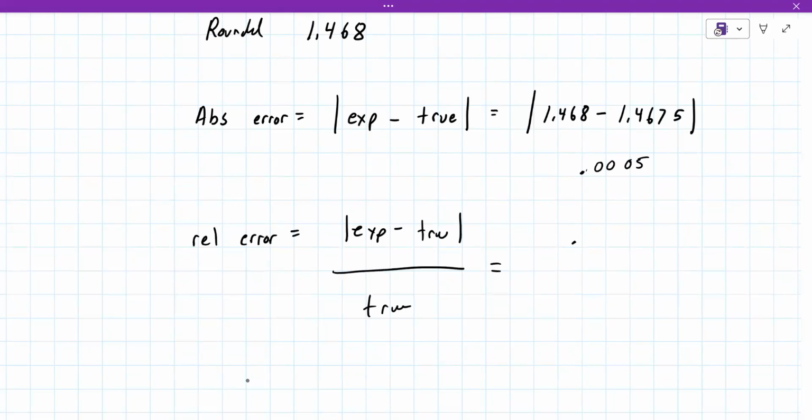So you take your result from the previous problem and you divide it by the true result, 1.4675, like that.